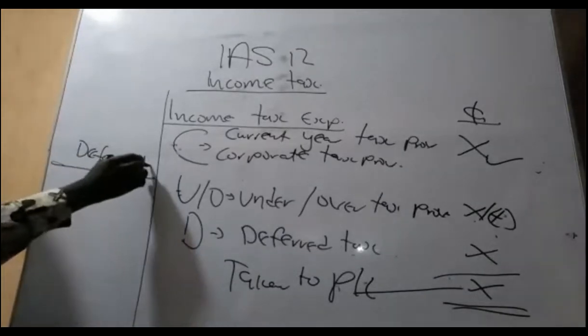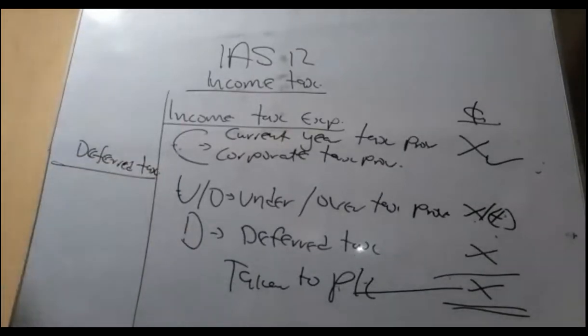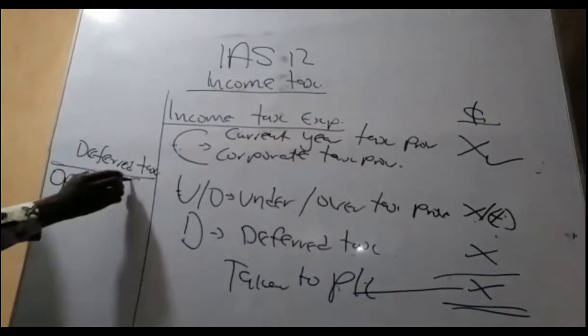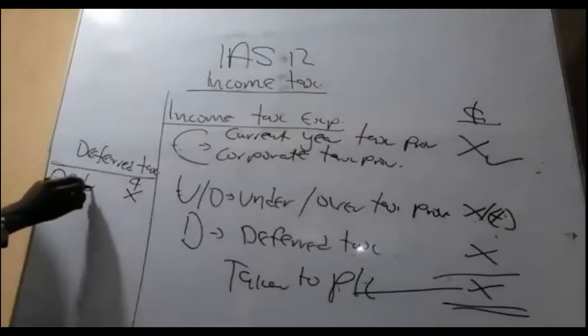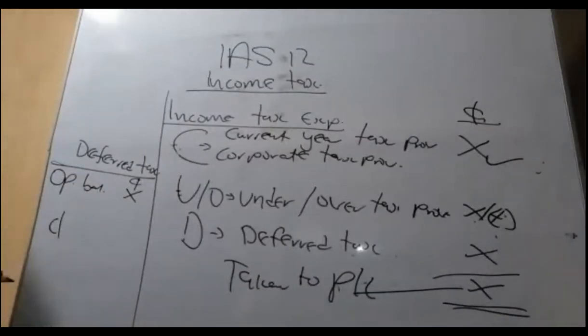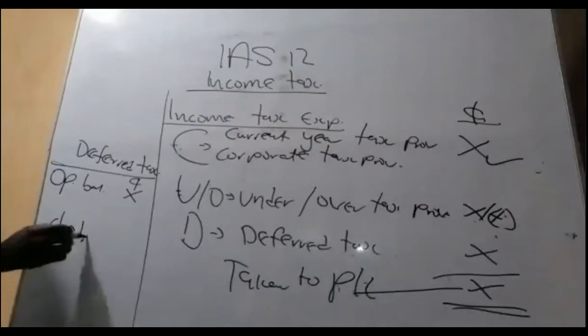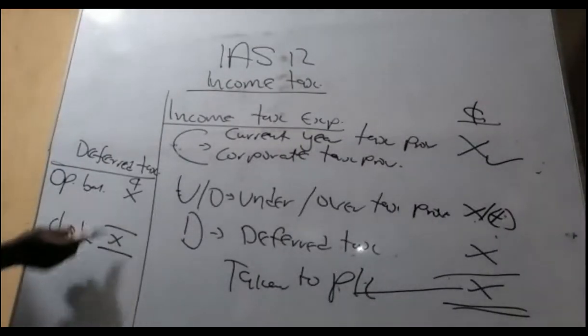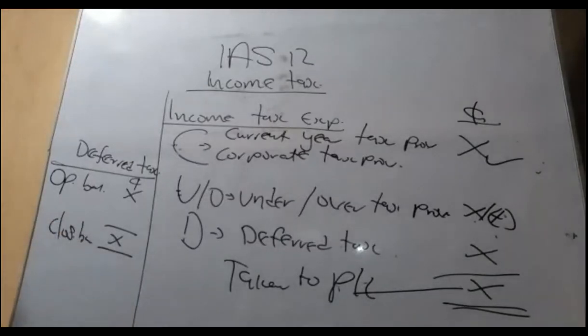Deferred tax workings. You compare two items, you are done. Compare the open balance so much to that of the closing balance so much. If the open balance is not equal to the closing balance, the difference is the movement. You are done. It ends there.